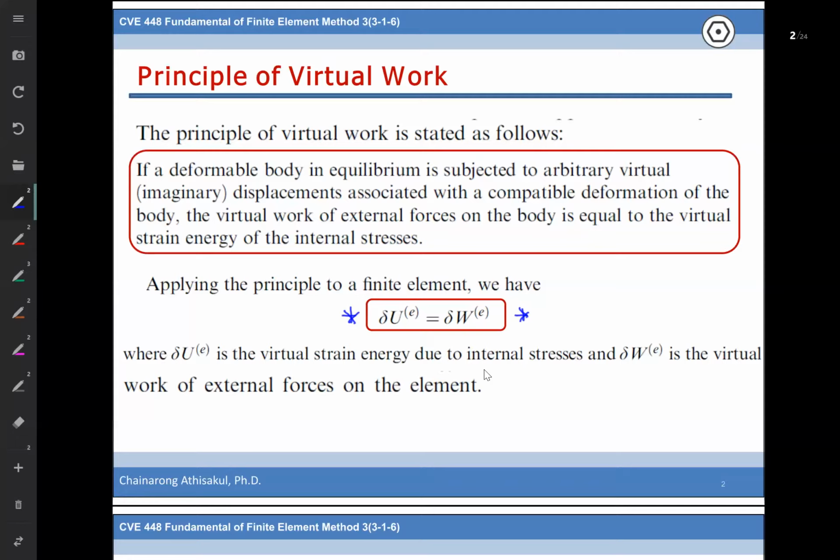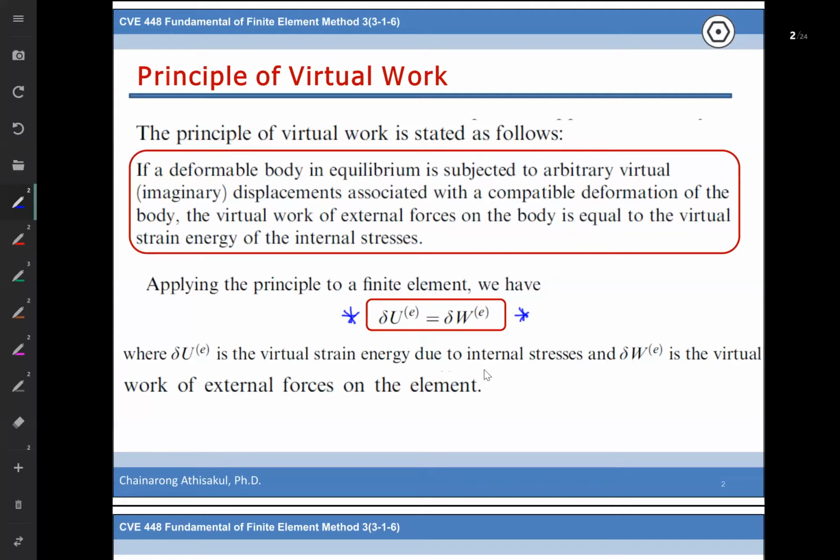But for a deformed body, which is not a rigid body anymore, the structure can deform. So when we apply the principle of virtual work, for the deformable body we have strain energy also.